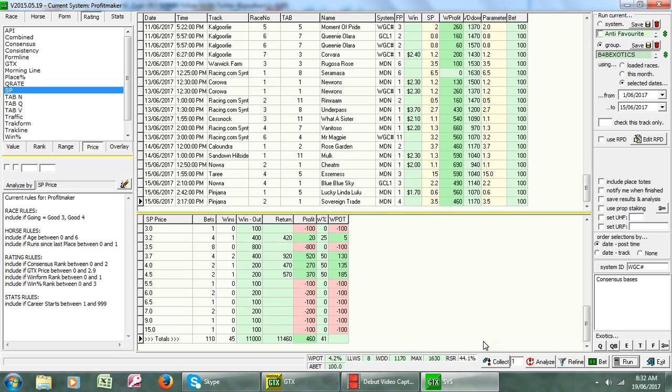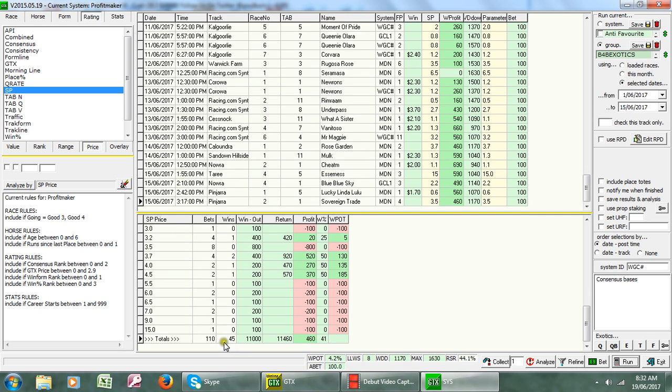Now the other thing I want to point out to you is let's have a look at this horse now, the race 2, number 1, Cheatham. The final best dividend was $2. In actual fact, the price we backed that horse at was $2.45. That was early on in the market. Now that goes to show that you got nearly half a point more.